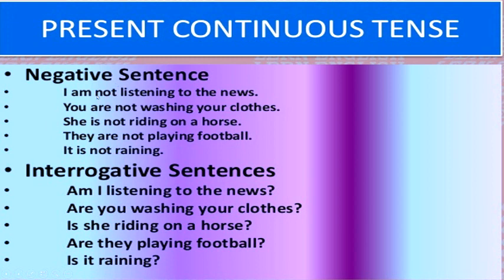We add the word not, then our verb listen, adding ing. Okay? When we change it into interrogative, then our helping verb am will come in the starting. So it will become, am I listening to the news? At the end, question mark.